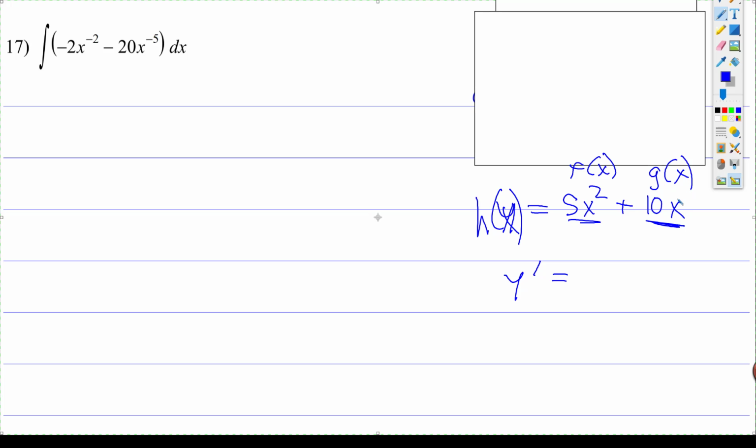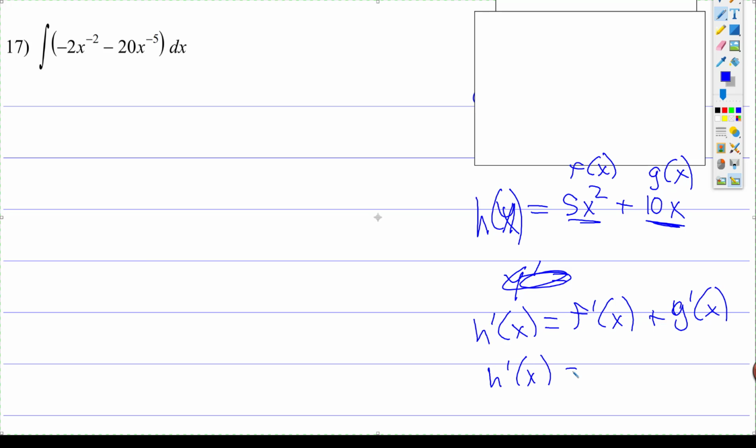Remember we did those tables? Well, then h prime of x is equal to f prime plus g prime. So you take the derivative of each individual one.